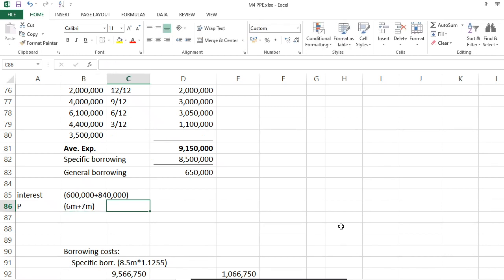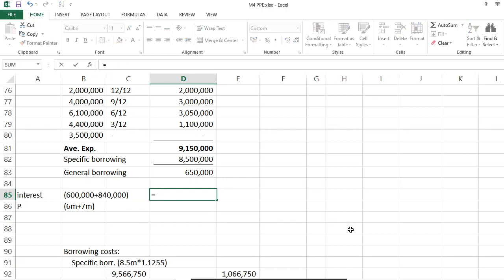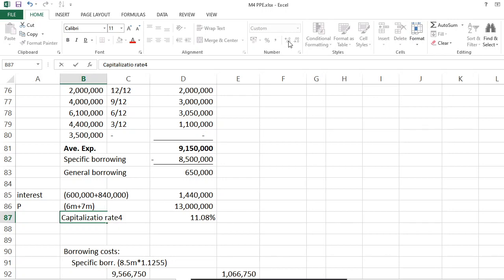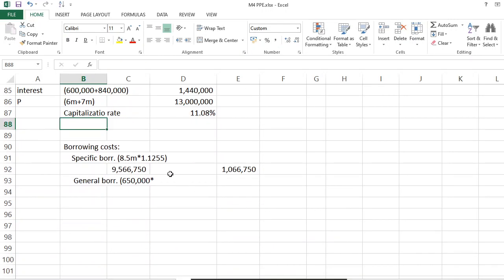And the principal would be 6 plus 7 million. 6 plus 7, therefore, how much is this? 13 million. Our capitalizable rate would be 11.08. Okay, 11.08 capitalization rate. Ayan. So that one, 11.08 will be used here in our general borrowing.